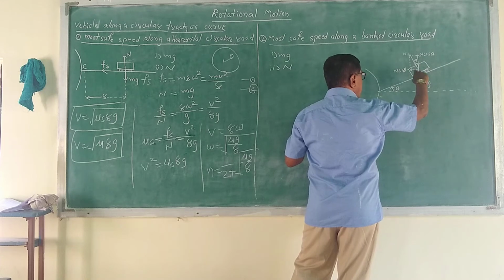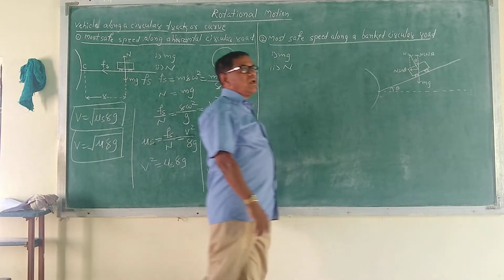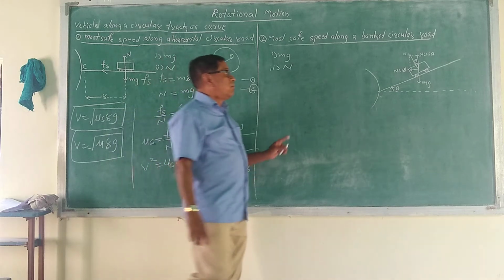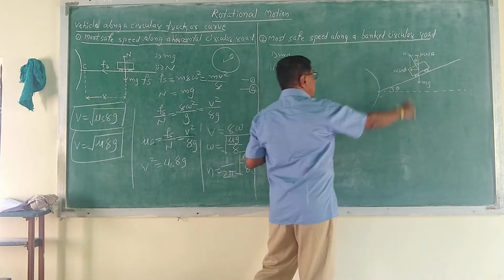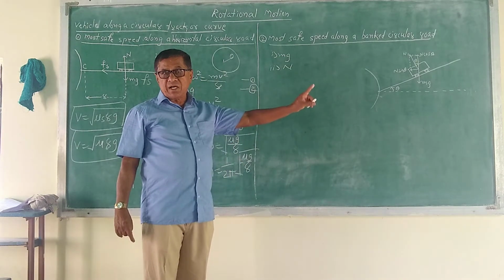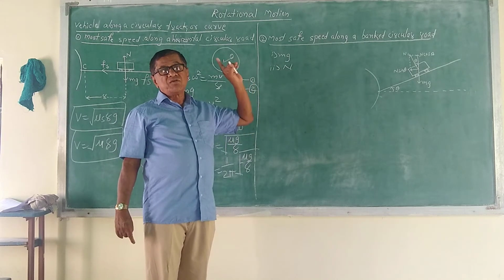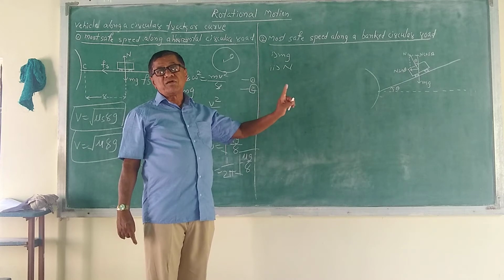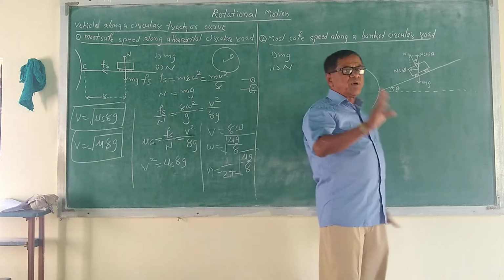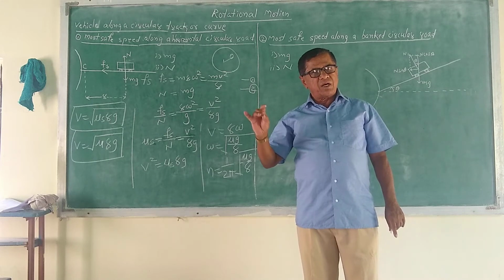N cos theta gets balanced by the weight mg, but the component N sine theta does not get balanced, it is the unbalanced force. It is directed along the radius and towards the center of the road. Therefore, this component supplies the necessary centripetal force. The centripetal force formula is mv square upon r, or m r omega square.